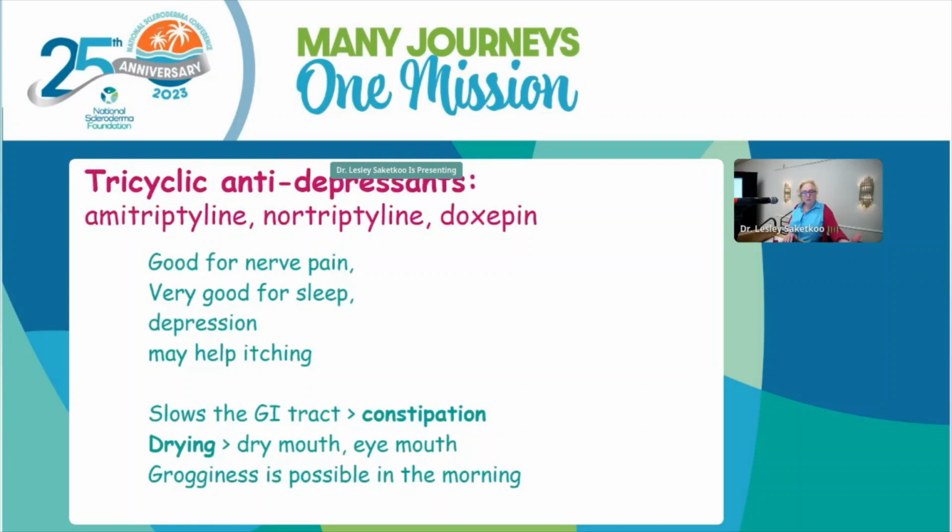Tricyclic antidepressants. When I was a fellow, I used to prescribe these all the time to help people with pain. But the problem is they're very drying. They're very good for nerve pain, and very good for sleeping, but they're very drying, which is not good for dry eyes, not good for dry mouth, and not good for a scleroderma gut that experiences constipation.